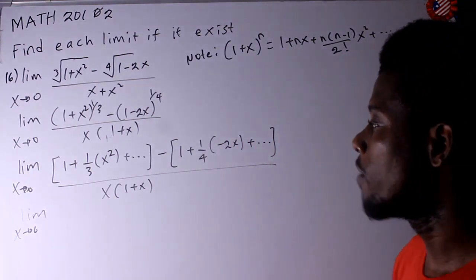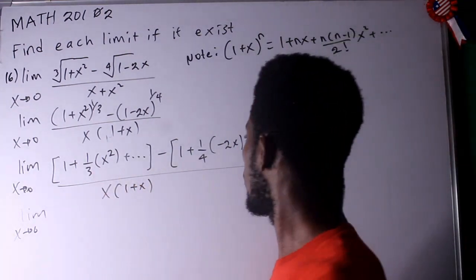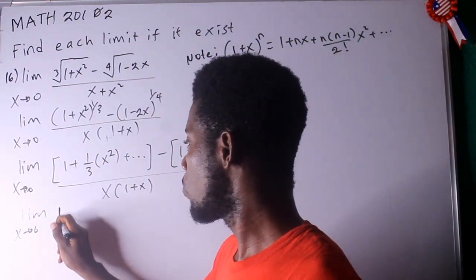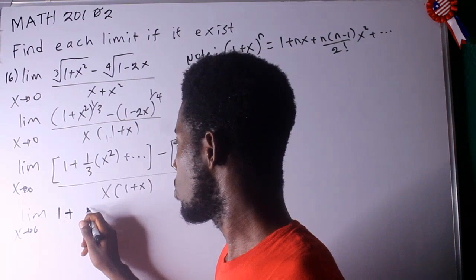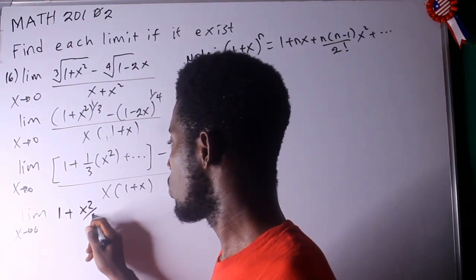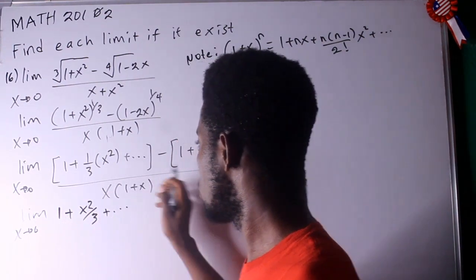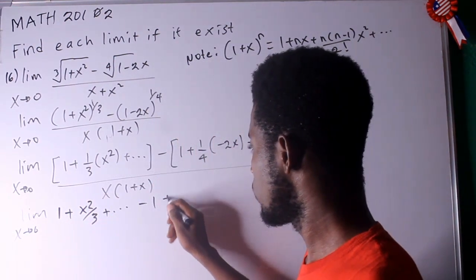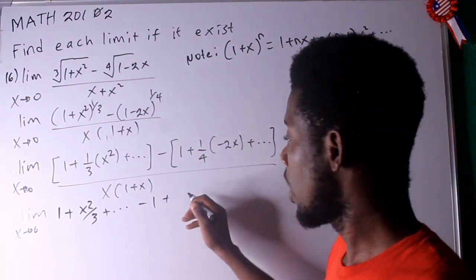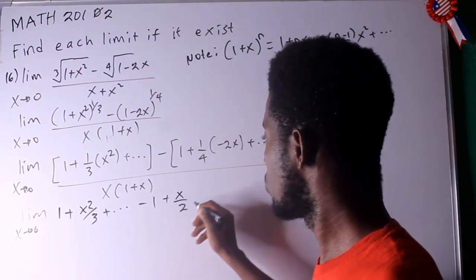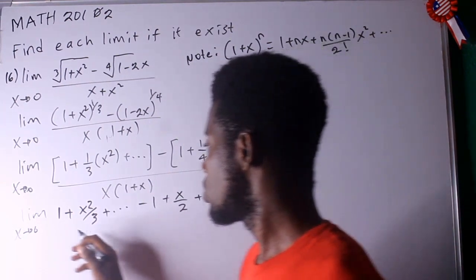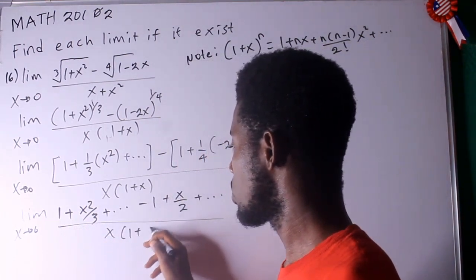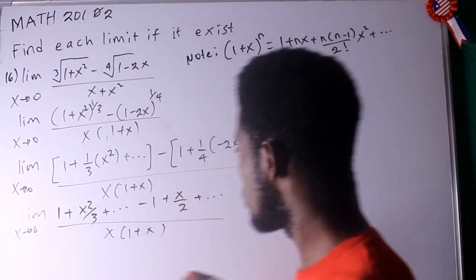So if you do that, what will you have? We realize that this negative will apply to everything here, so we have the limit of 1 plus, this becomes x squared over 3 plus dot dot dot, and then minus 1. Negative times negative is positive. If you simplify this, you have x over 2 plus dot dot dot, all divided by x times 1 plus x as x approaches 0.